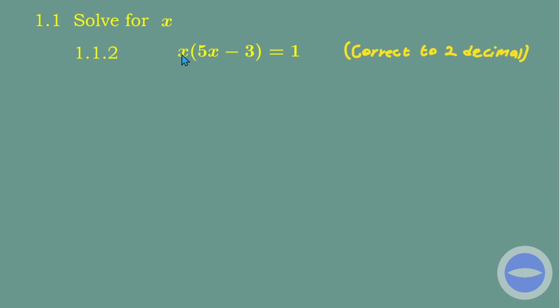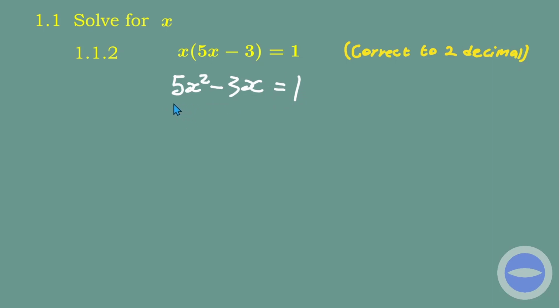Now I have to remove the brackets so that I can put this in standard form. So x multiplied by 5x makes 5x squared, and then x multiplied by negative 3 is negative 3x, and then equals 1. So I have to move 1 to the other side.